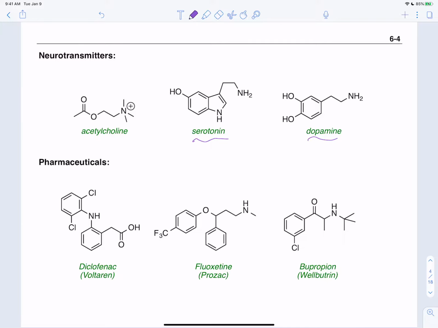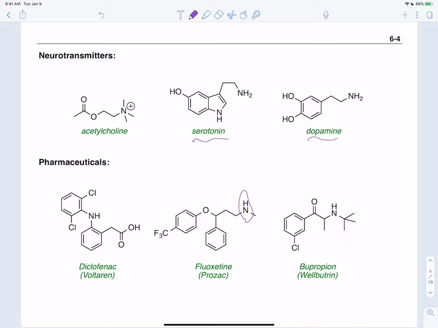Dopamine, these are neurotransmitters, as is acetylcholine. If you've taken, or when you get to biochemistry, you'll probably learn about acetylcholine esterase inhibitors, and there are different mechanisms of action for drugs that can actually block some of these receptors. And then also a wide range of pharmaceutical agents contain amines.